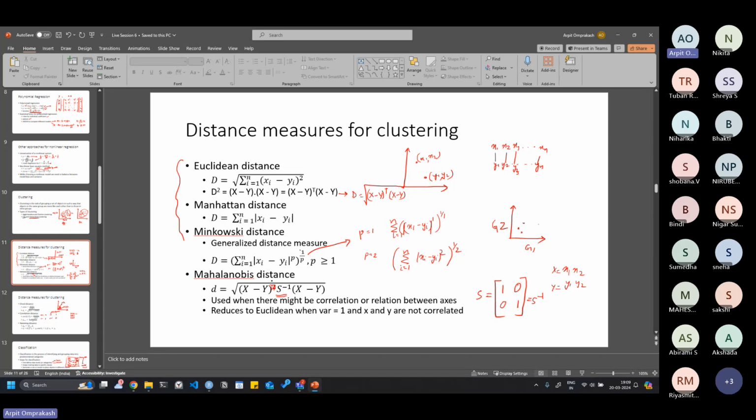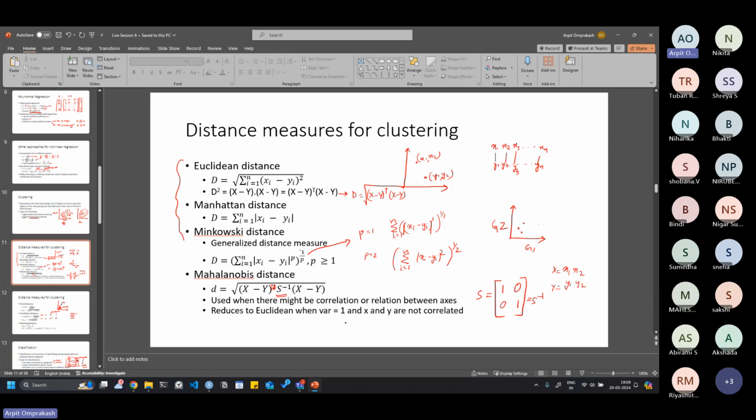Then we have something called Mahalanobis distance, which is given as x minus y transpose into S inverse into x minus y, where S is the covariance matrix between x and y. Right. It is used when there might be correlation or relation between both the axes and they might not be independent of each other.